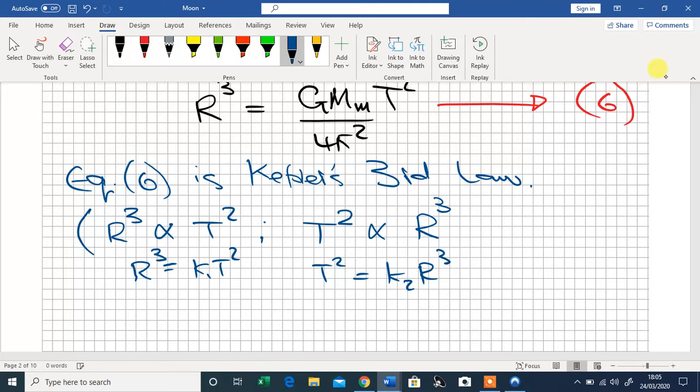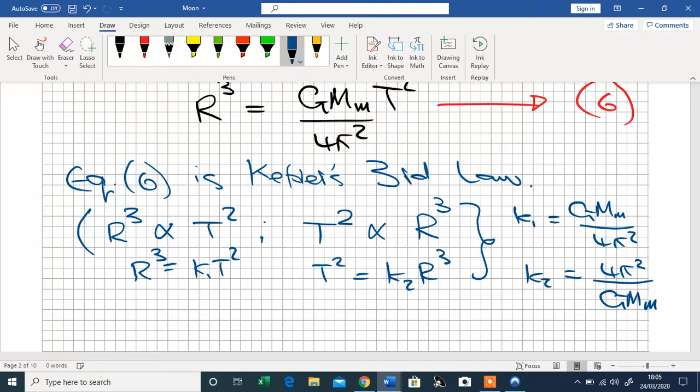And of course k1 would just be equal to g big M sub m in this case, divided by 4 pi squared, and k2 is just the reciprocal of that, so it's 4 pi squared over g big M sub m. And that's all that is. So it's Kepler's third law.